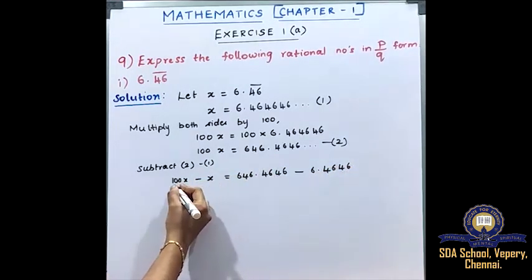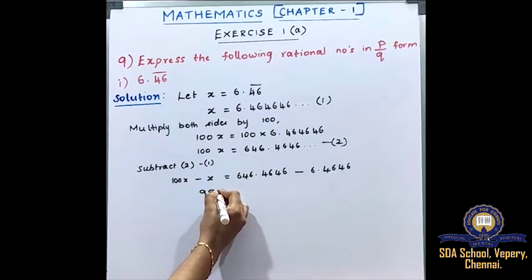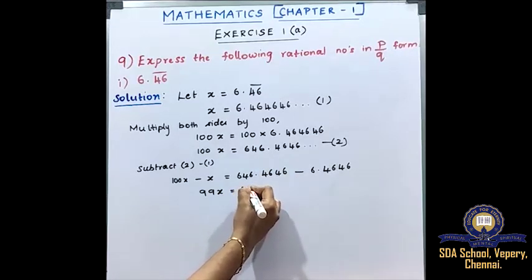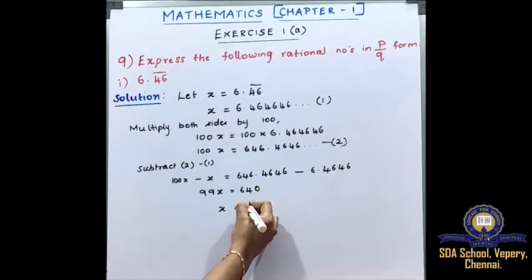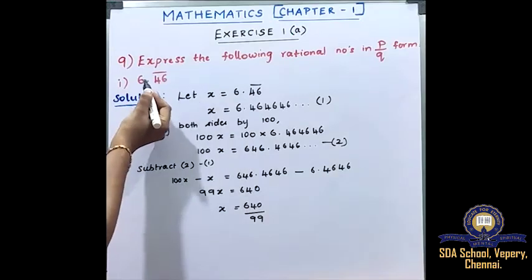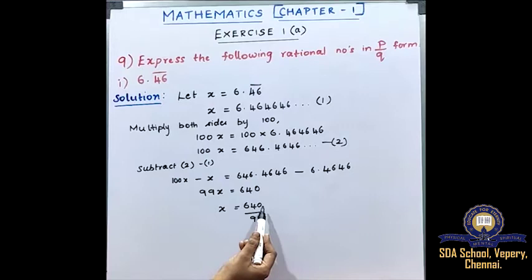When you subtract 100x minus x, we get 99x. Subtracting these two terms, we get 640. So we have found the x value to be 640 by 99. They have asked us to write the given number in p by q form, so we wrote it as 640 by 99.